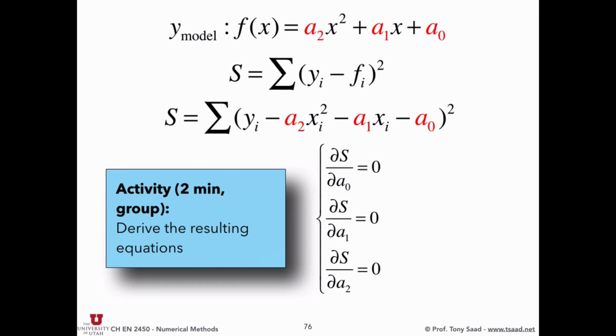With respect to a naught, you fix everything else as constant. It's 2 times the derivative with respect to a naught times the thing to the power n minus 1. Okay?